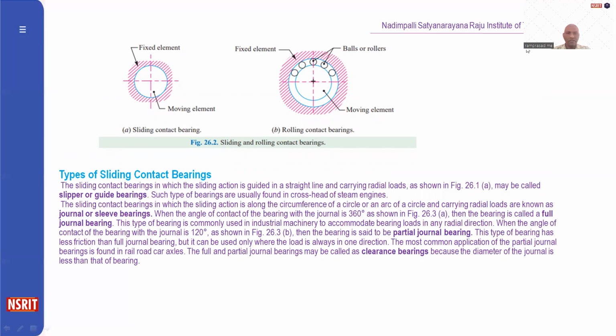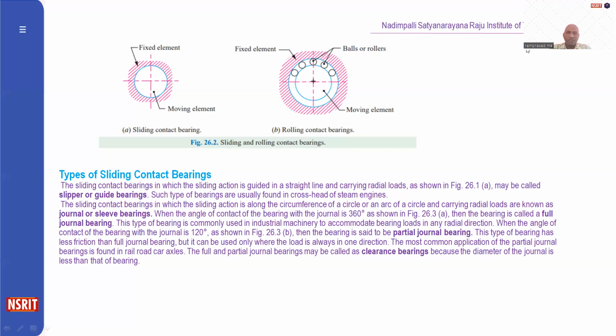Next, the sliding contact bearing in which the sliding acts along the circumference of a circle or an arc of a circle and carrying radial loads is known as a journal or sleeve bearing. When the angle of contact of the bearing with the journal is 360 degrees, then the bearing is called a full journal bearing.